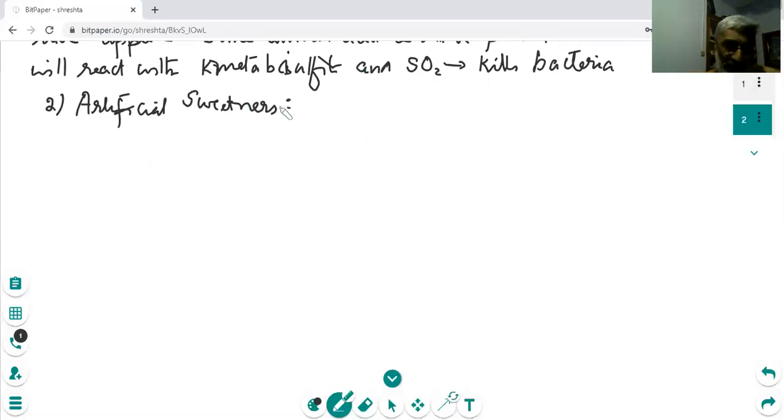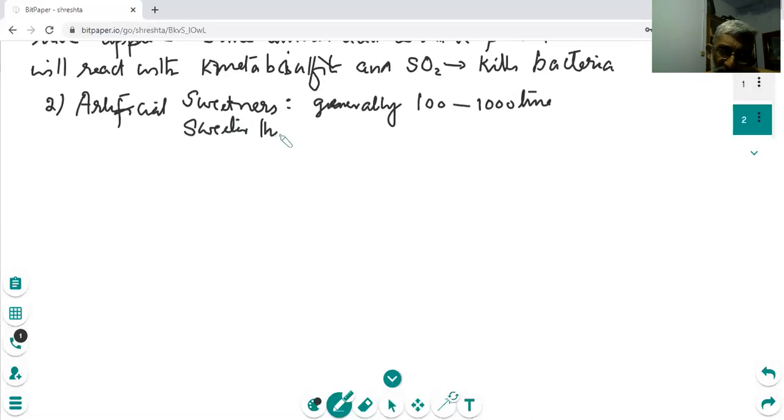But artificial sweeteners do not do the second job. Artificial sweeteners are generally 100 to 1,000 times sweeter than sucrose, depending from compound to compound.